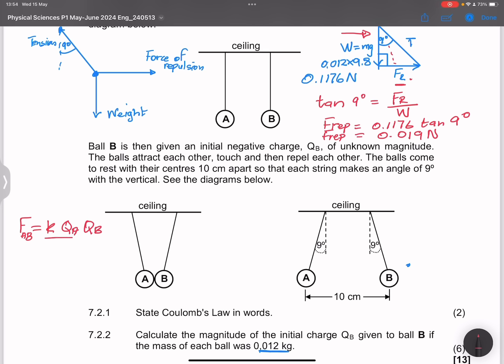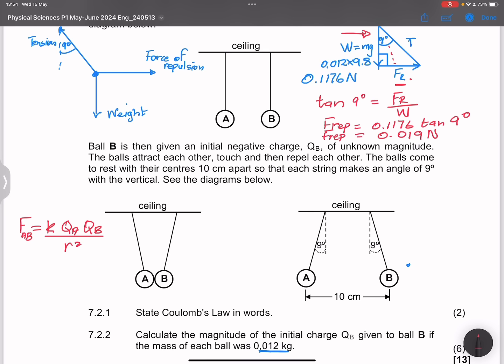But remember, after they started repelling each other, their charges would have been equal. Remember that whenever we bring two spheres or two objects together that are equal, in this case in terms of dimensions, right, they will share whatever charge equally, right?